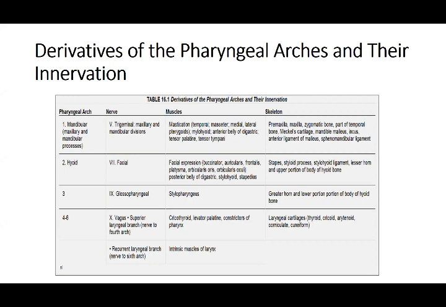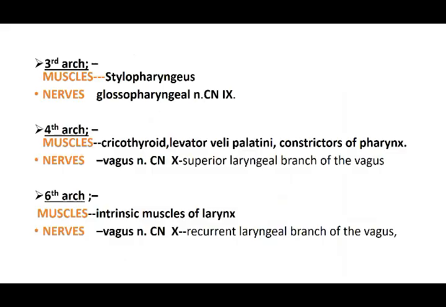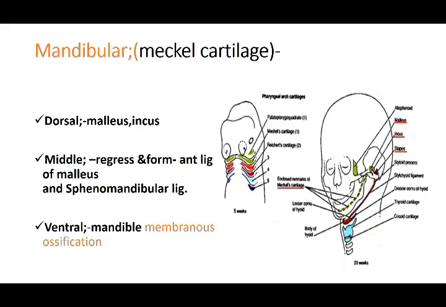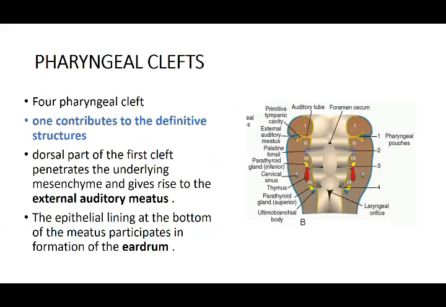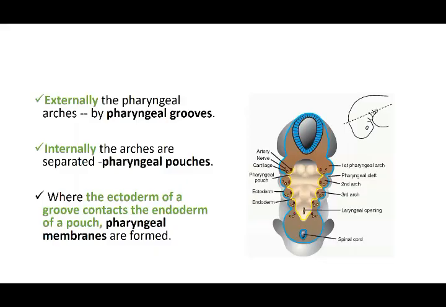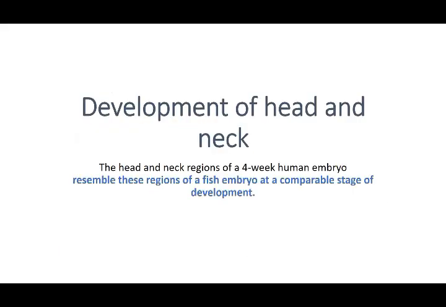So I recollect all what we have done up till now so that you understand what the pharyngeal apparatus is, because this is an important thing which is related to your dental portion. Formally, the term branchial apparatus was used because it resembles the gill structure.